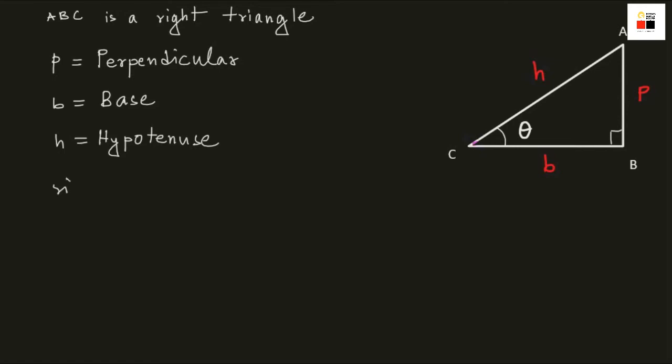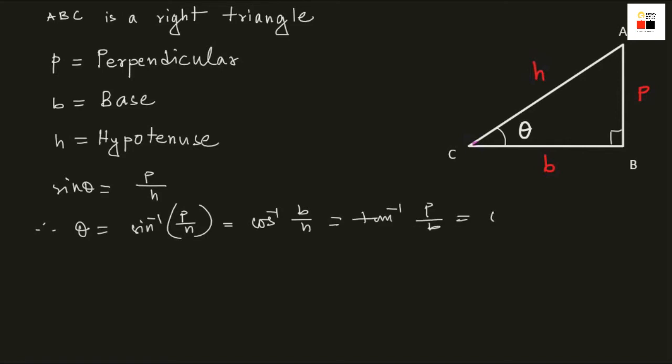For an angle theta, sin theta equals P by H. Therefore, theta equals sin inverse P by H. From this we can write this is equal to cos inverse B by H, equal to tan inverse P by B, equal to cot inverse B by P, equal to sec inverse H by B, equal to cosec inverse H by P.